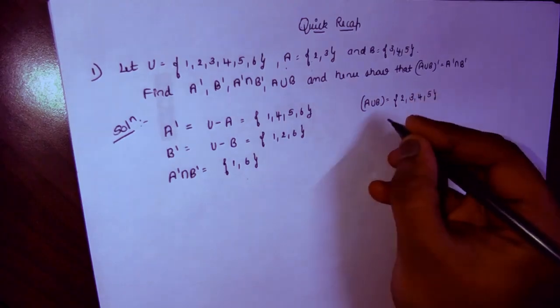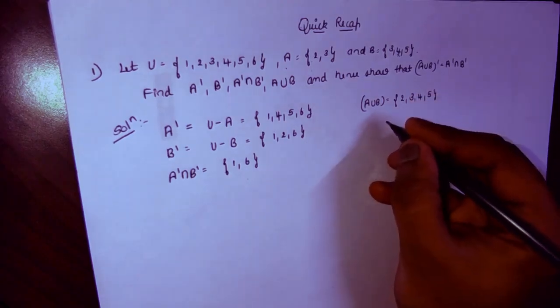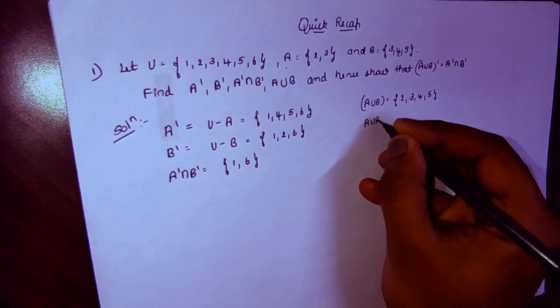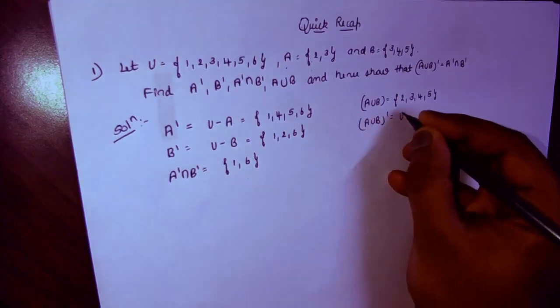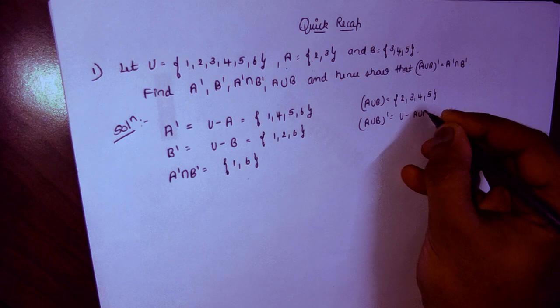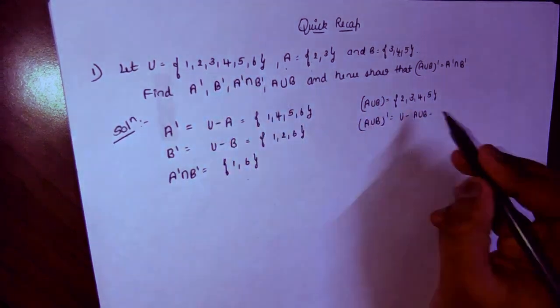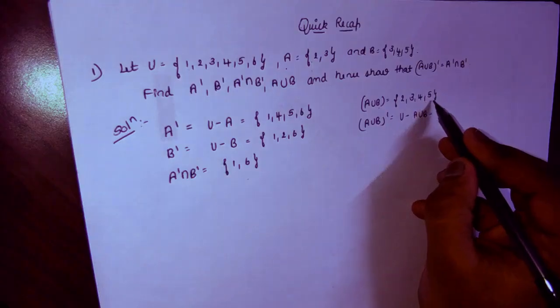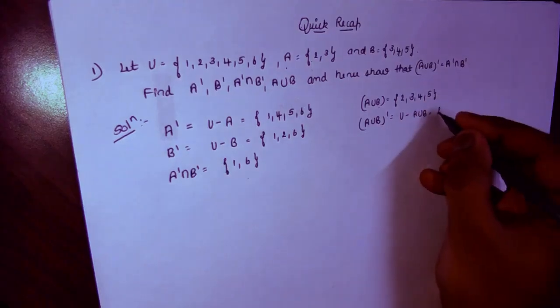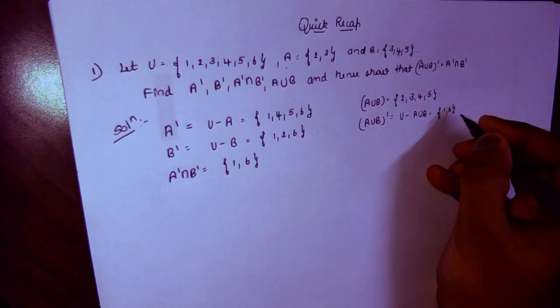The common elements and the remaining elements also have to be written in the union set. Now we will find (A union B) whole dash, that is the universal set minus A union B. The universal set is 1, 2, 3, 4, 5, 6. 2, 3, 4, 5 are there, so the remaining is 1, 6.